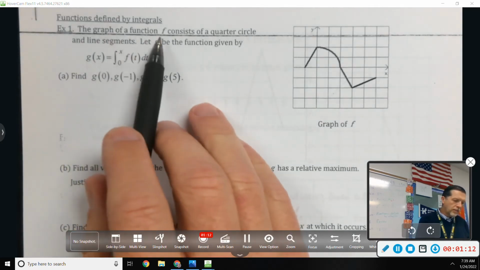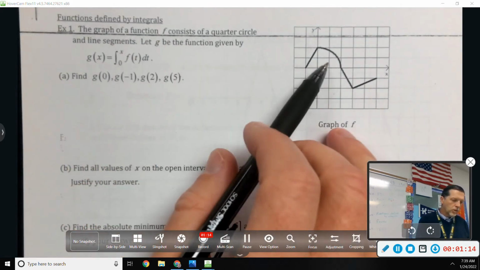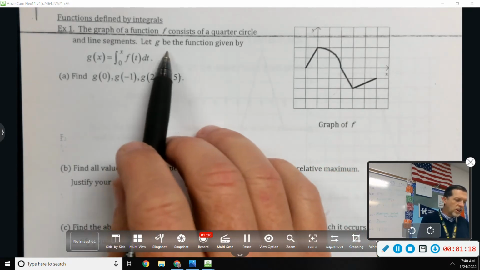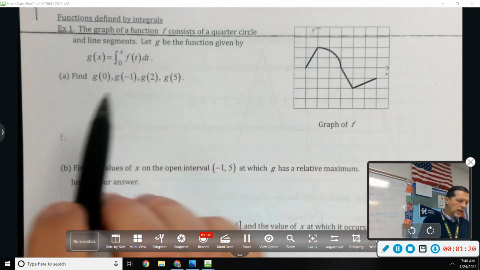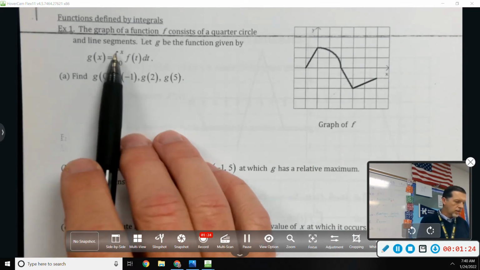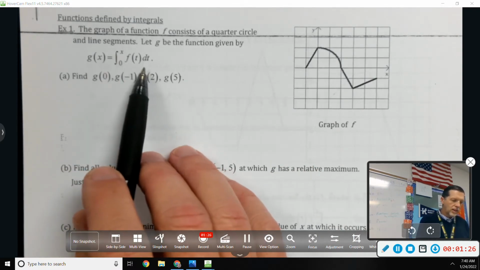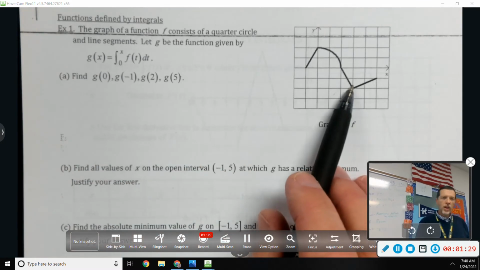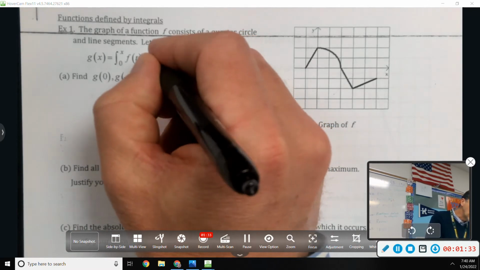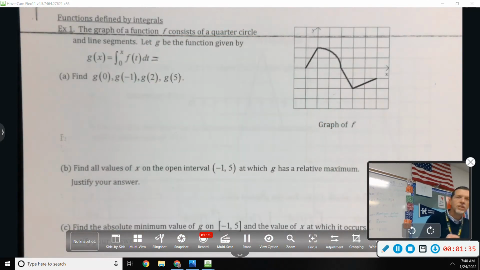The graph of a function f consists of a quarter circle and line segments. Let g be the function given by g of x equals the integral from 0 to x of f of t dt. So here's my picture of f, but g is the integral. What's another way to think of the integral, or how do we evaluate the integral?